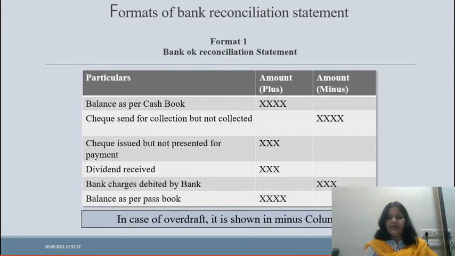Dividend received, we have to record it in plus column. Bank charges debited by bank, we have to record this transaction in minus column because the bank has already deducted those charges from our account. Now the answer will come: balance as per passbook. In case of overdraft, it is shown in minus column and the format is the same.